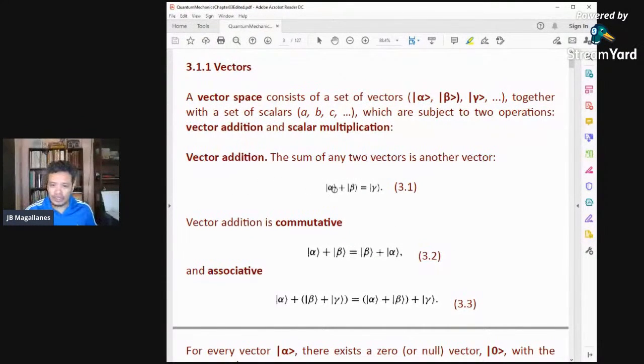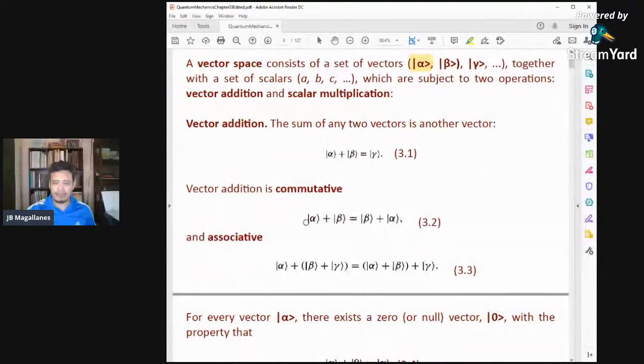The vectors are denoted or represented by this symbol for a vector alpha, labeled alpha. So you have 2 vectors here, alpha and beta, you can add them, and then you can produce another vector, gamma. And as you know, the 2 vectors could be added commutatively.